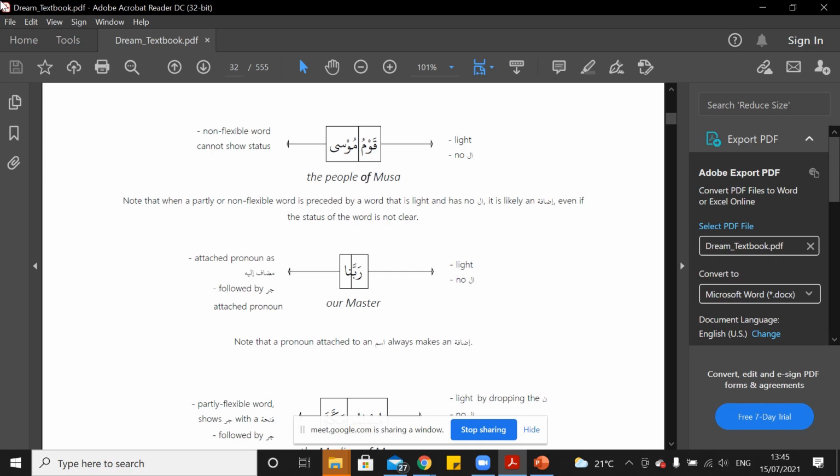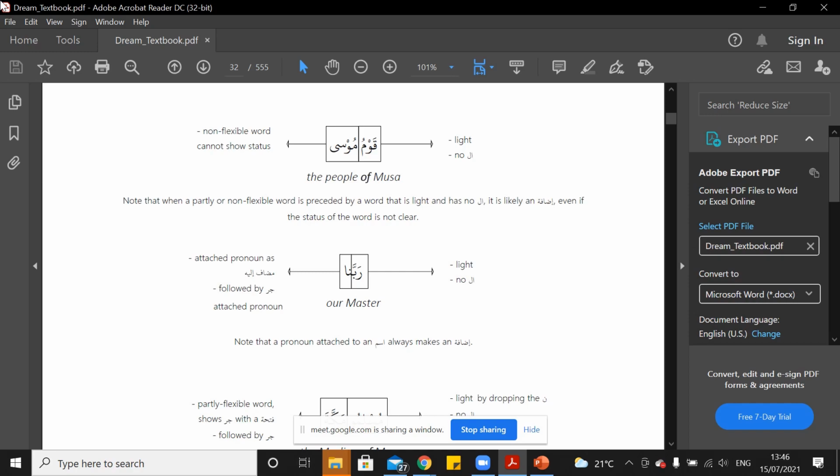Yes. And Sister Parveen Amin, can you explain Rabbana, please? Yes, Ustaz. Rabbana, first is Rab. We can see the Rab can be mudaf because it has no tanween and no alif lam. Then we can see the next ism, which is a pronoun, an attached pronoun. So it does not take any kasra, but it is the mudaf ilayh.